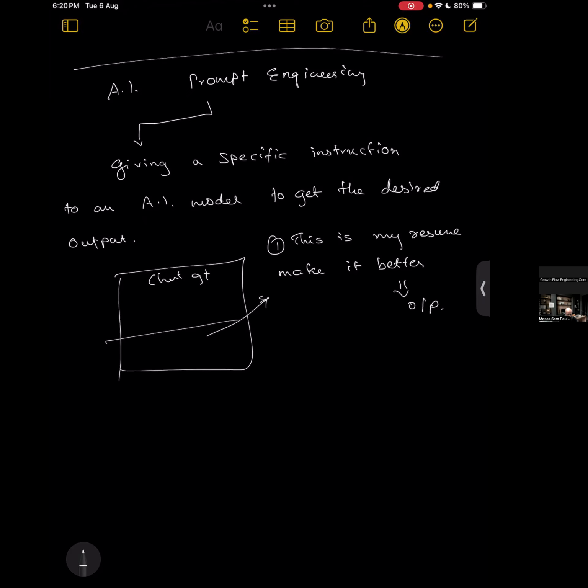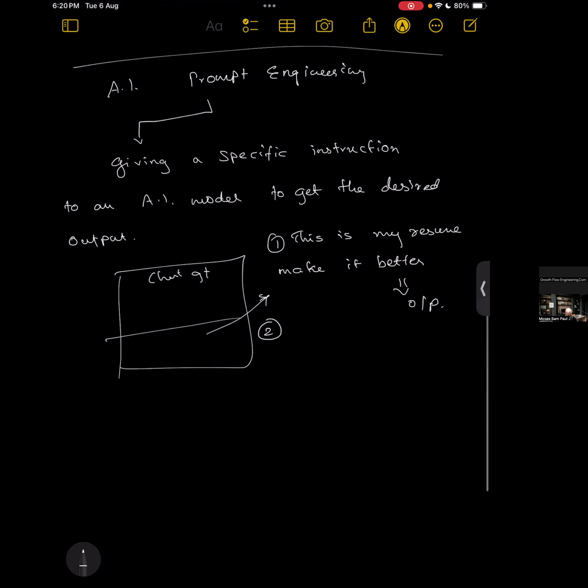But where prompt engineering comes in is when you give it a role. You say, hey, you are the best resume writer. And you have inputted your resume and you set a goal for it. Goal: make it stand out.